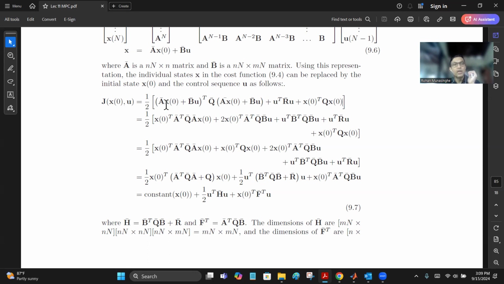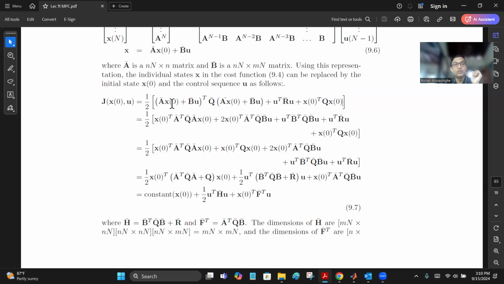Okay, so it becomes x0 transpose A bar transpose and then Q bar, then A bar x0. This bar is slightly offset. I need to change that. So this bar has to come right above A. Okay, so it's a small mistake. Right. So that is the first term.